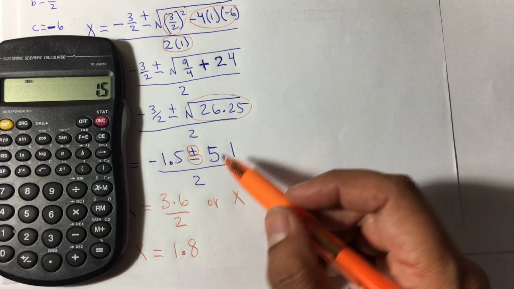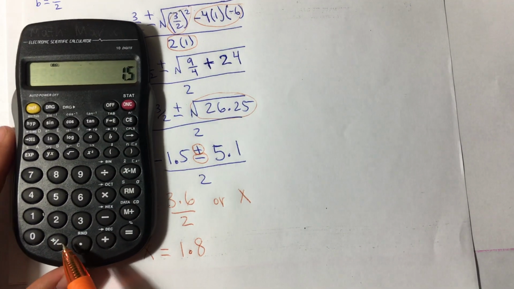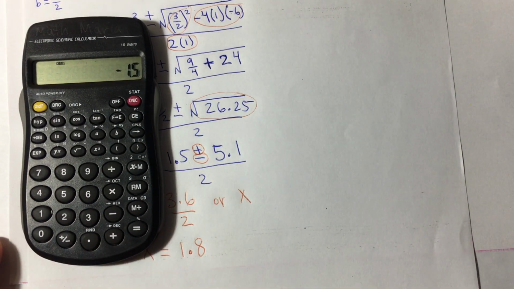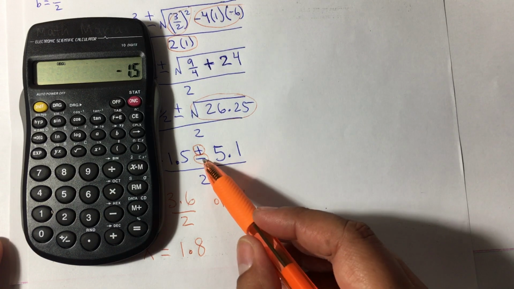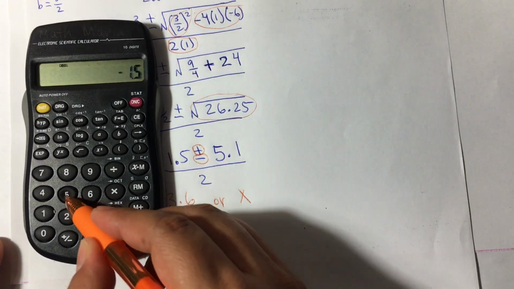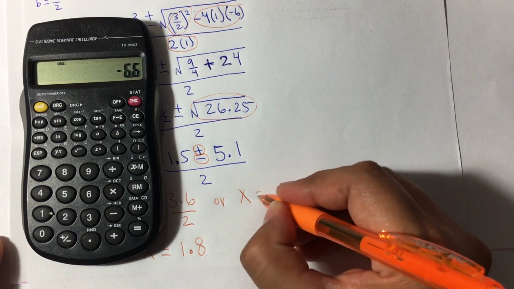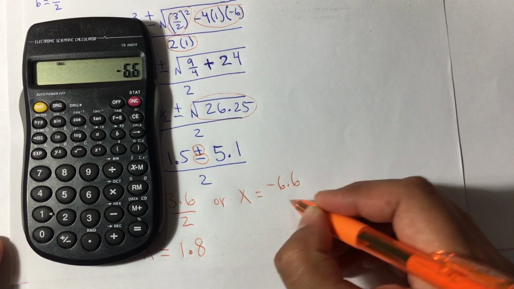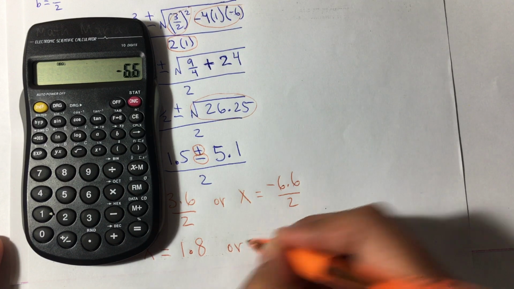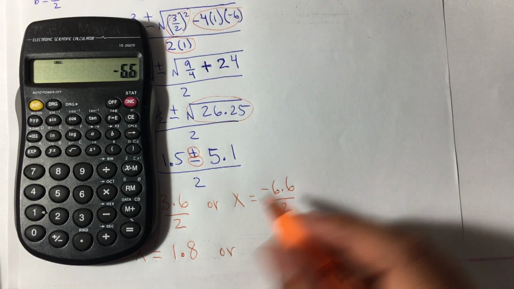1.5, and it's negative, so I'm going to press this symbol right here. That makes it negative, and then minus 5.1. It's negative 6.6 divided by 2. Remember that these are two different solutions.